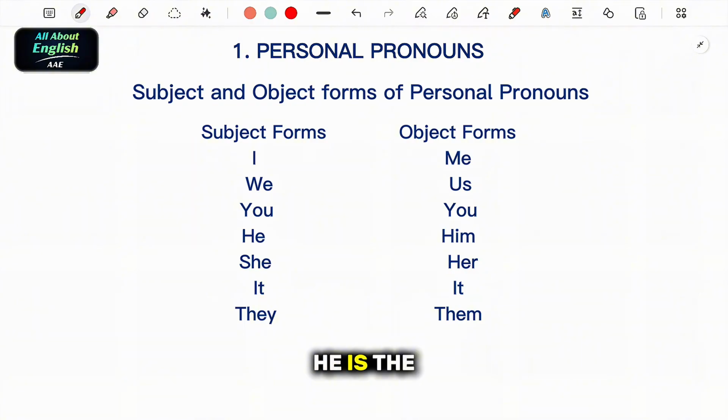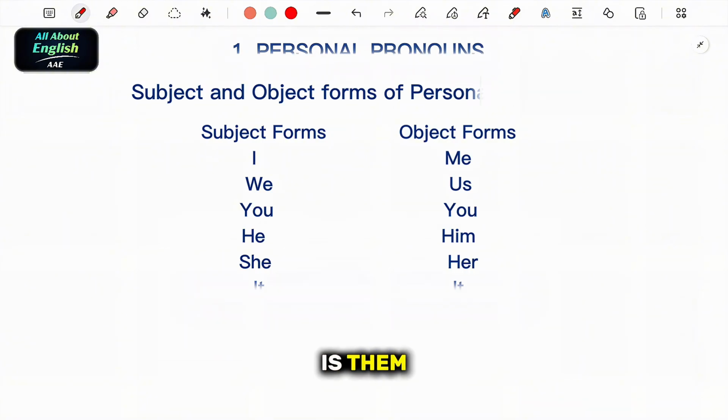He is the subject form and its object form is him. She is the subject form and its object form is her. It is both the subject and object forms. They is the subject form and its object form is them.